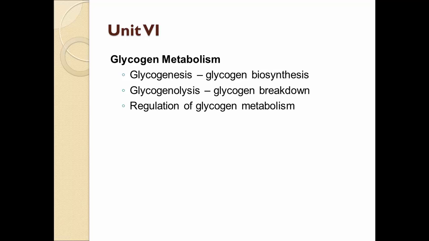Okay, so now let's talk about glycogen. So we have finished three metabolic pathways, right? Glycolysis, gluconeogenesis, and the pentose phosphate pathway. Now we have two pathways left, which are glycogen synthesis and glycogen breakdown.